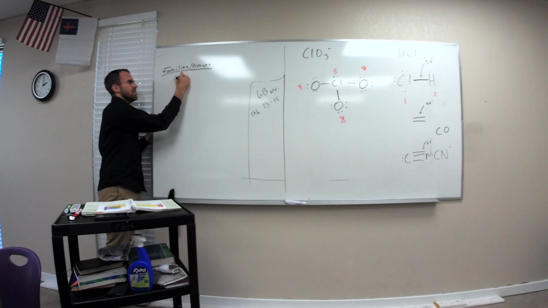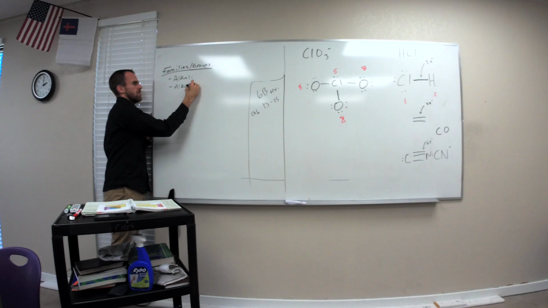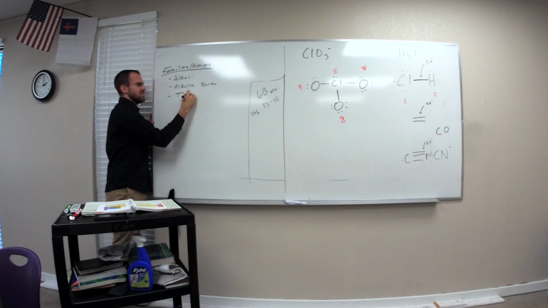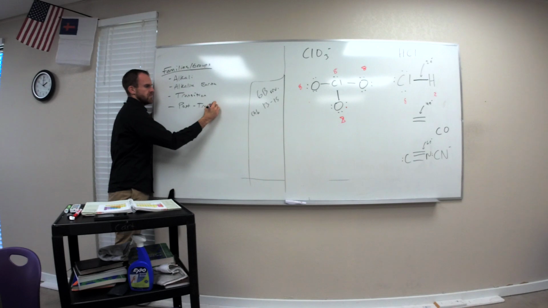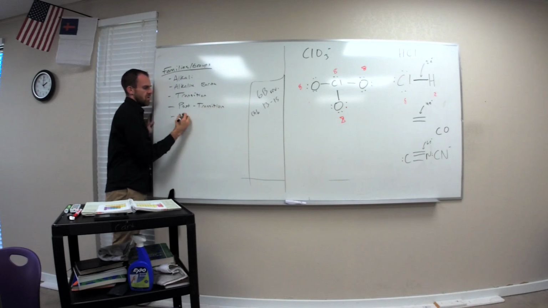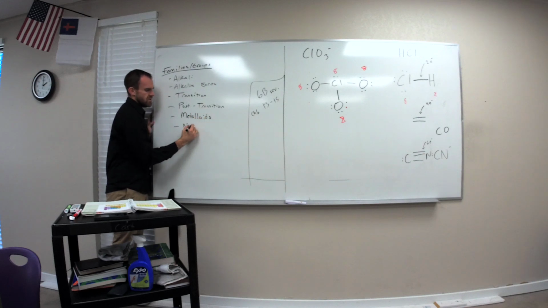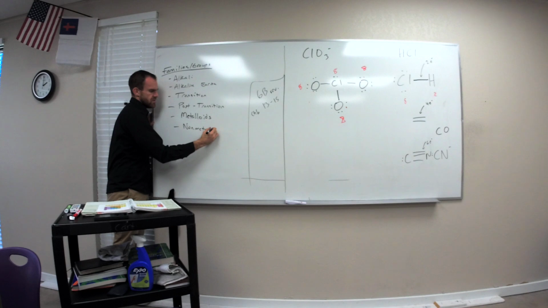So, alkali, alkaline earth, you should know transition metals, post-transition, the metalloids, the non-metals, the halogens.